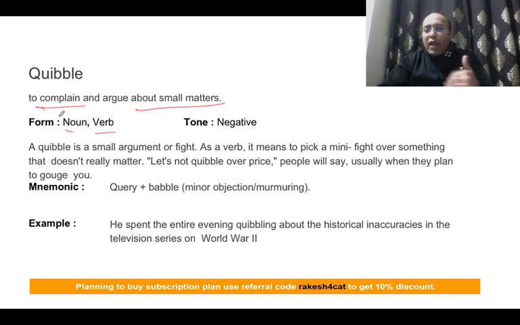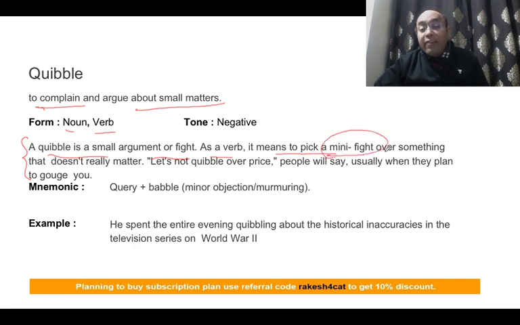So of course, when children engage in fighting with each other for chocolate or for a burger, that would be a small matter, right? So we have a situation here further. A quibble is a small argument or fight. As a verb, it means to pick a mini fight, right? To pick a mini fight over something that does not really matter.